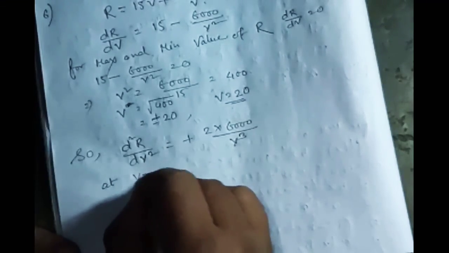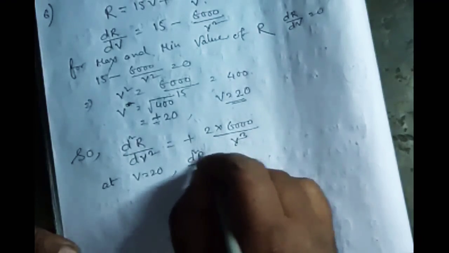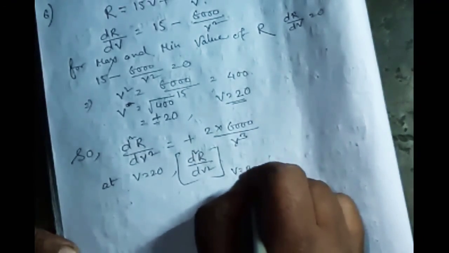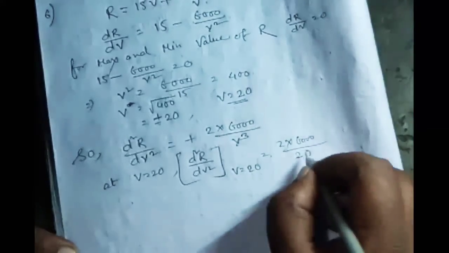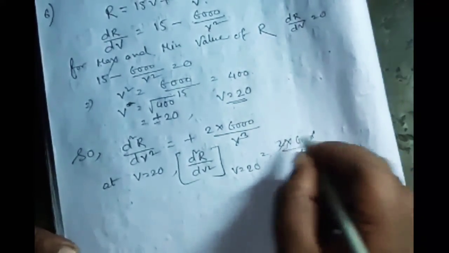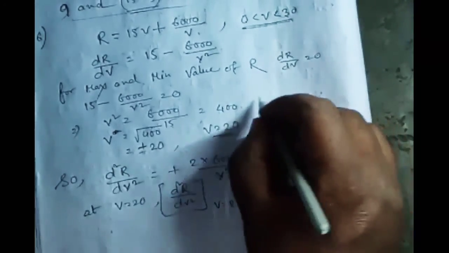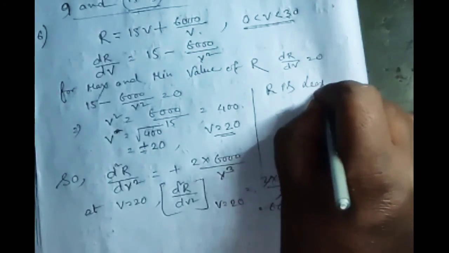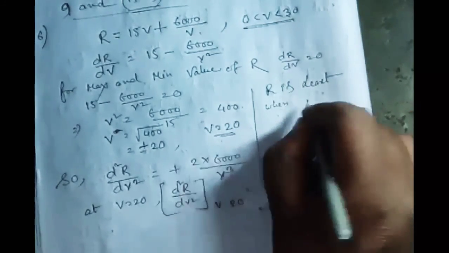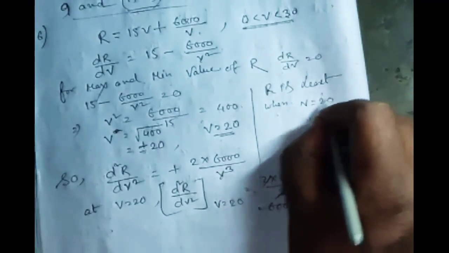At V equal to 20, d2R by dV2 is 2 into 6000 by 20 cube, that is 1.5, which is greater than 0. So R is least when V is equal to 20.